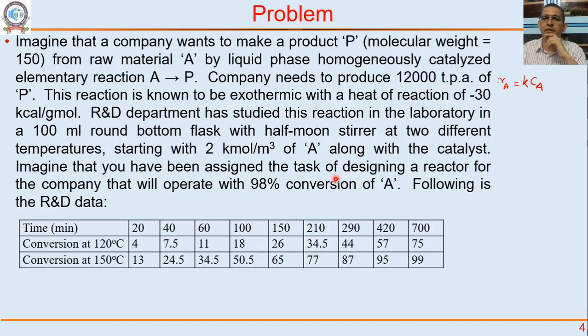If either of these is not met, obviously the company is not going to accept your reactor design. And an important thing, you have to do it safely as well. You don't create an explosion. So you have to design a reactor. Solve this problem yourself. Let's see what you come up with.